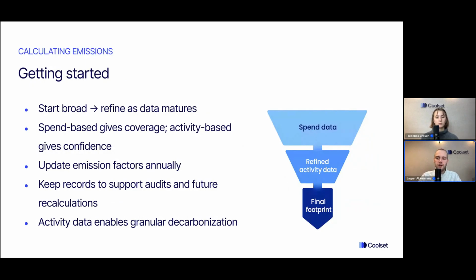You need to have greenhouse gas accounting systems that are auditable. And as mentioned already, activity data enables granular decarbonization, as you can really dive into the details and say, well, okay, if we switch from virgin plastic to recycled plastic, then we can switch emission factors, which gives us a lower emission output.